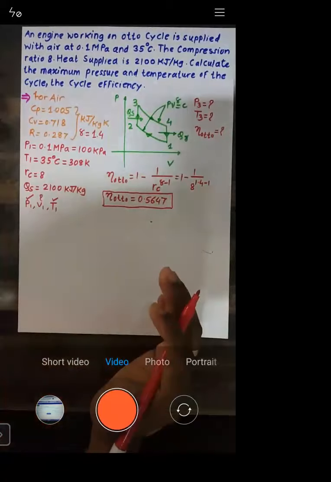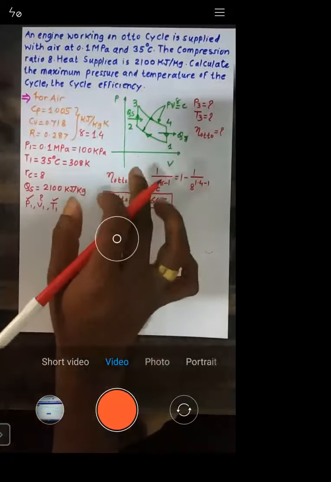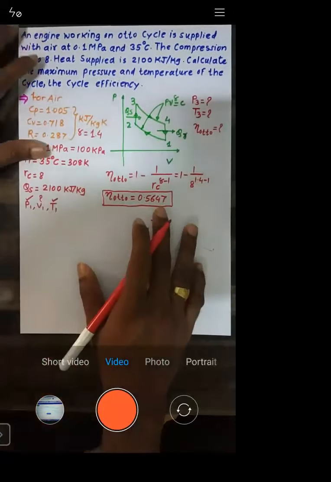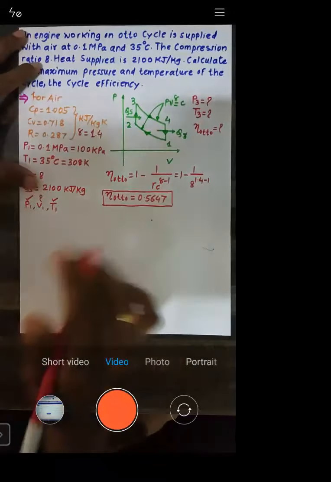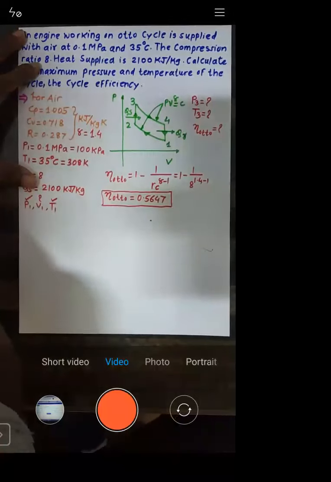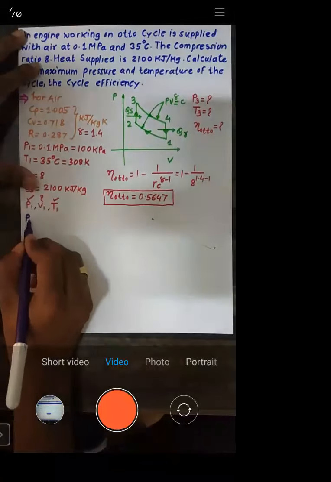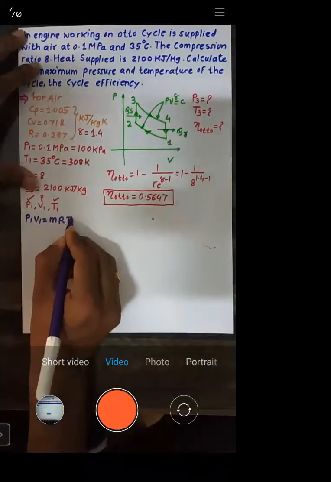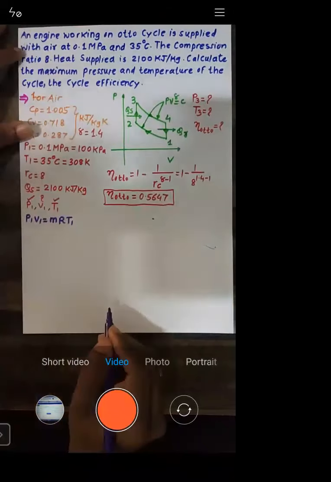See, if you see state number 1 or 2 or 3 or 4, at any stage you can apply the ideal gas equation. What is the ideal gas equation? The ideal gas equation says that P1 V1 is equal to mRT1. You can apply it at any stage.